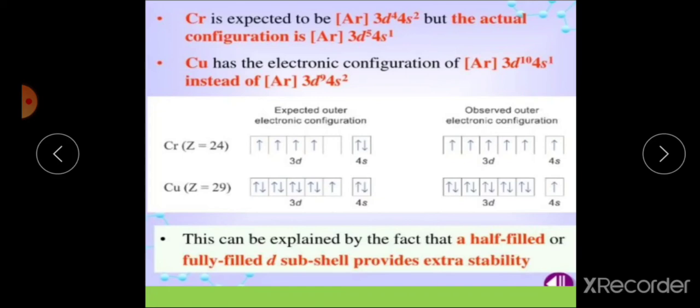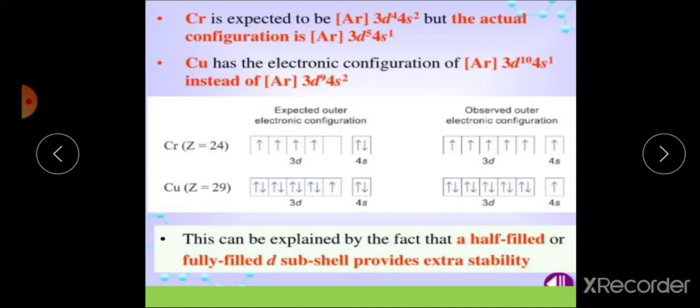They acquire more stability when they are half filled or completely filled, that is, 3d5 or 3d10 configuration. Therefore, the transfer of one electron from the 4s orbital to the 3d orbital in chromium and copper gives more stability.